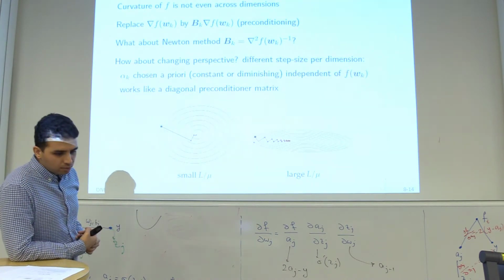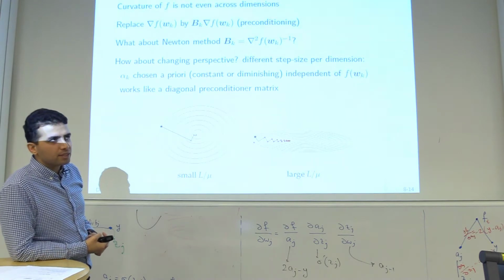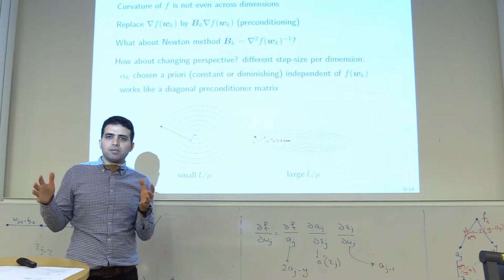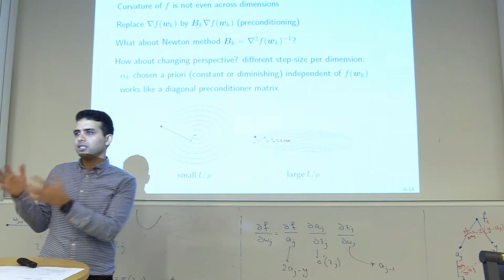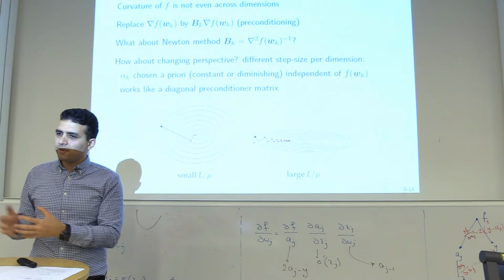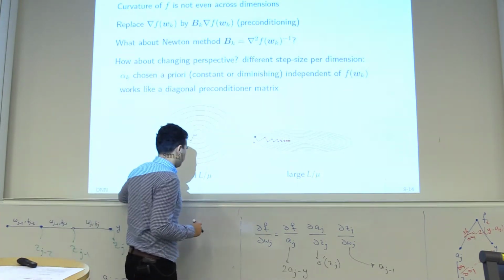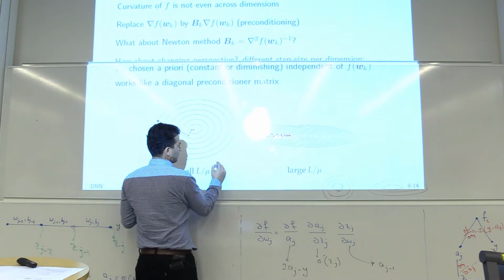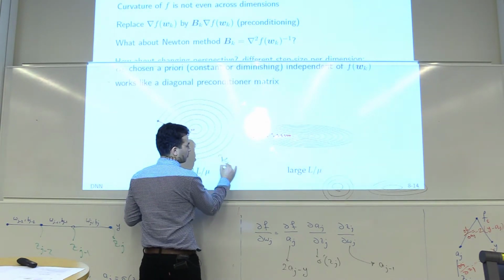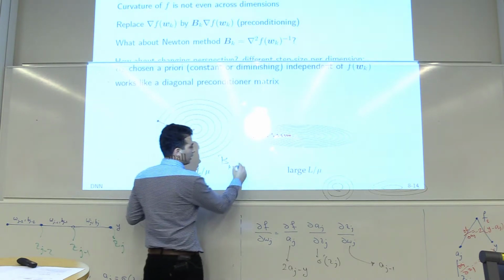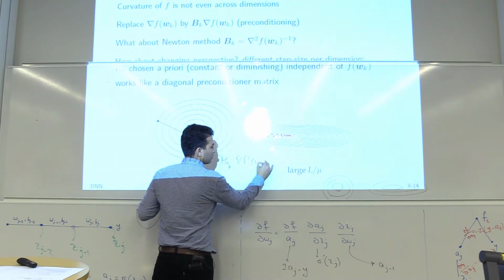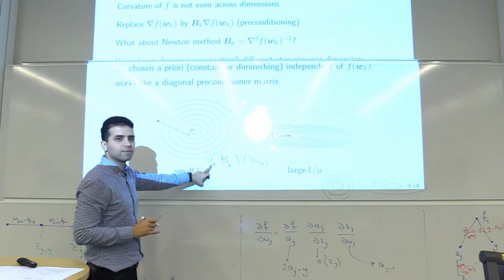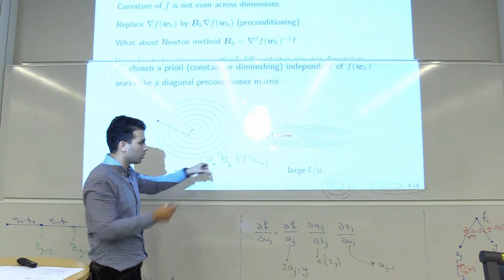But then what we can do, again, is just play with that. Imagine how it would look. Instead of having a preconditioning matrix that will precondition the gradient, let's put bk as the preconditioning matrix times the gradient of f at point wk, and then you usually had one alpha k here, a constant for all the dimensions at that specific iteration.